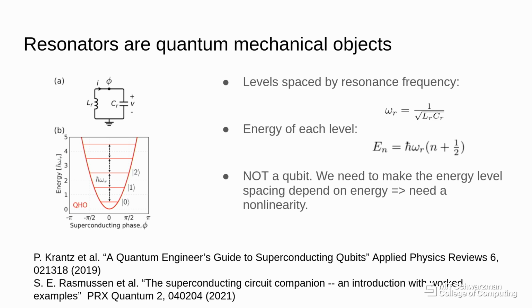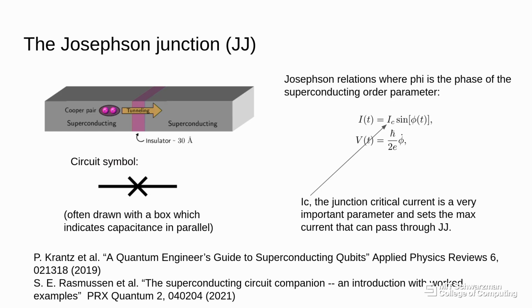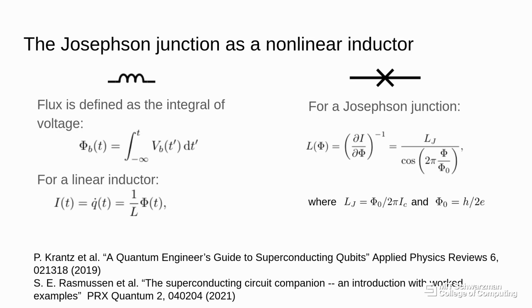To turn this into a qubit, we use something called the Josephson junction, which for the purpose of this talk you can think of as a nonlinear inductor, where the current-phase relationship defines the inductance. Normally for a linear inductor, the current is related to the flux through the inductor by 1 over the inductance.